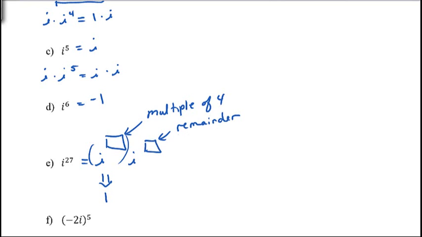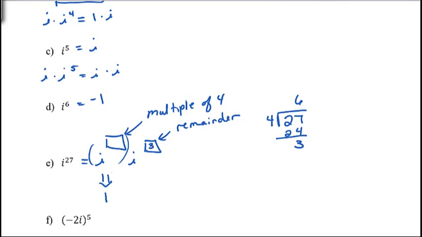Okay, so basically what we're going to do is take our exponent, 27, and divide it by 4. And 4 goes into 27 6 times. 6 times 4 is 24, and so we would have 3 left over.